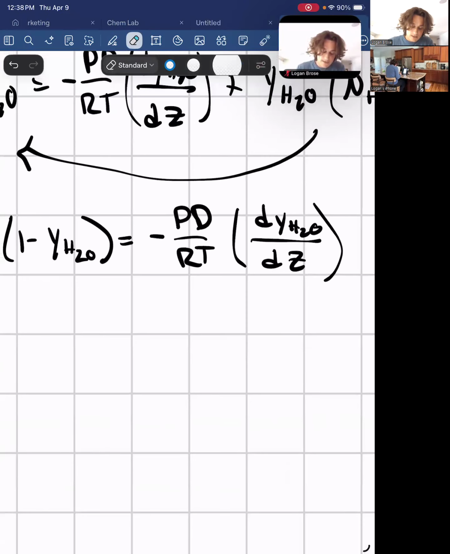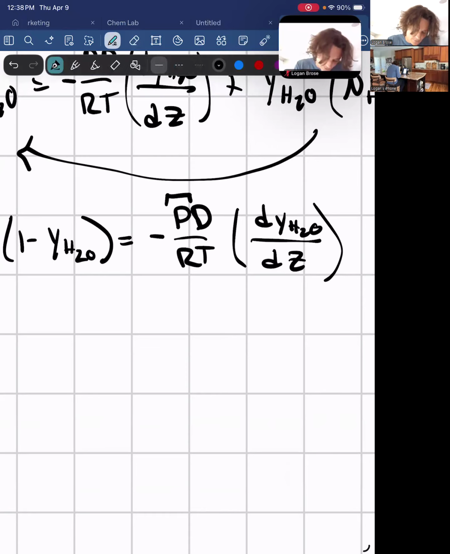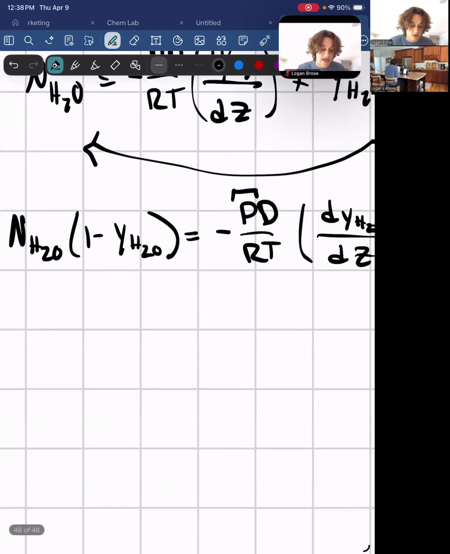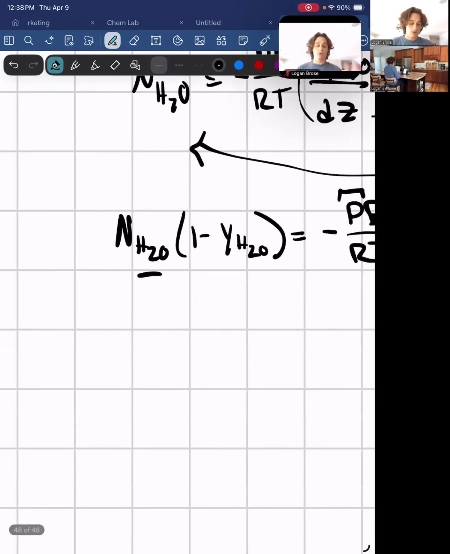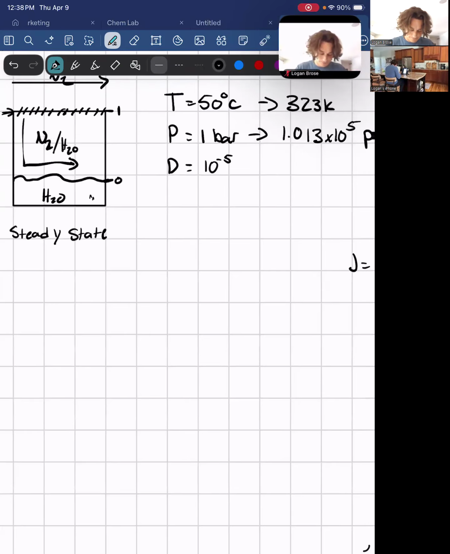And so before we do that, we have to look at our pressure here. Our pressure is not our total pressure. It is our pressure for our water, because we're looking specifically at our flux of our water. And so we want our partial pressure here.